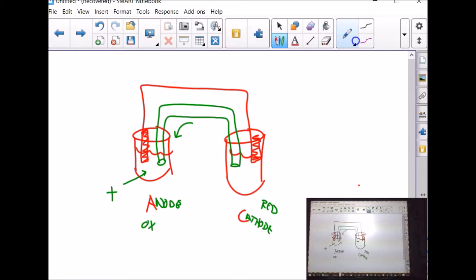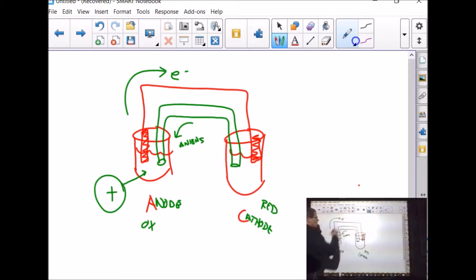Which one? Anions or cations? Andrew says anion. Why? So we need a negative charge. So anions actually are flowing toward the anode. A with A. So in the salt bridge, your anions are flowing toward the anode because, again, that chamber is becoming more positive as a result of the electrons leaving and going toward the cathode.